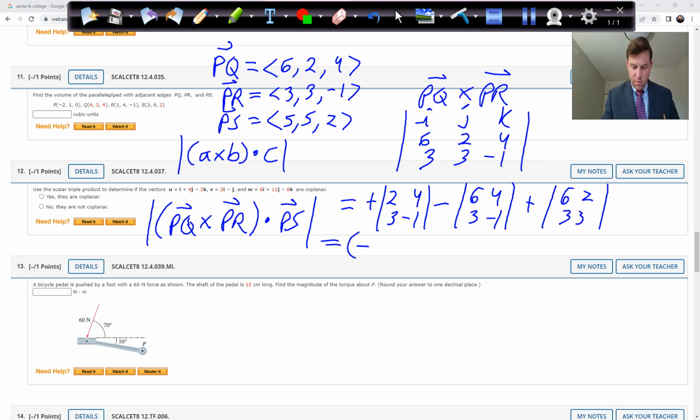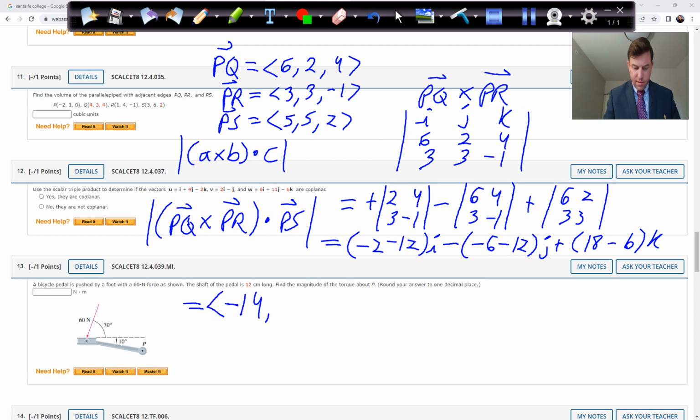This is going to equal minus 2 minus 12 in the I, minus 6 minus 12 in the J, plus 18 minus 6 in the K. This is going to equal, in vector form, negative 14, comma, minus 18, but it's negative again, so positive 18, comma, 18 minus 6 is 12. Now, let me use color to help us here, that is this.